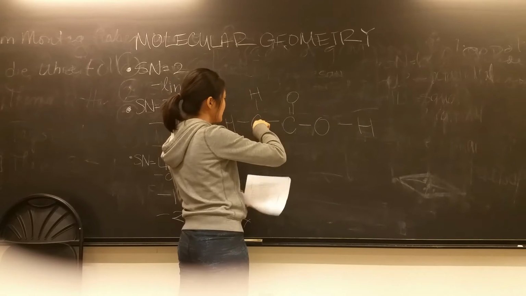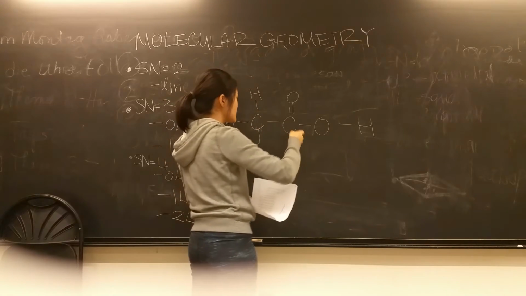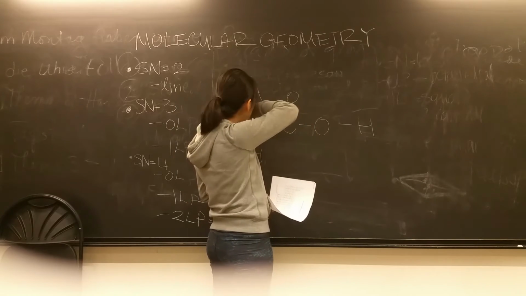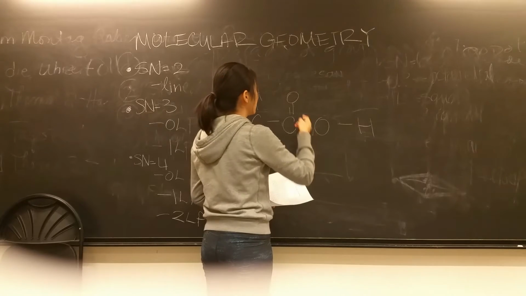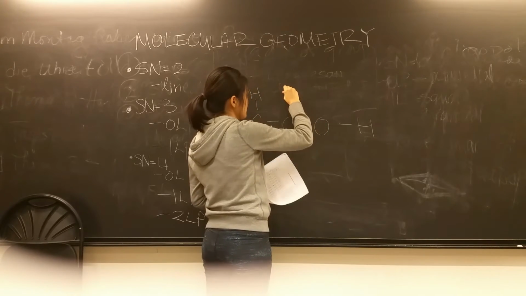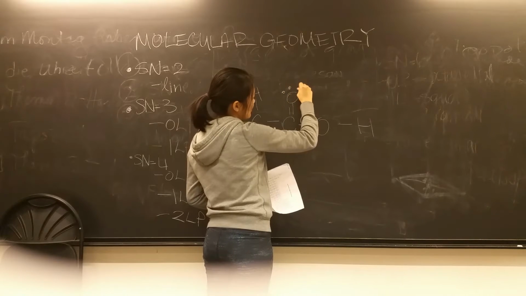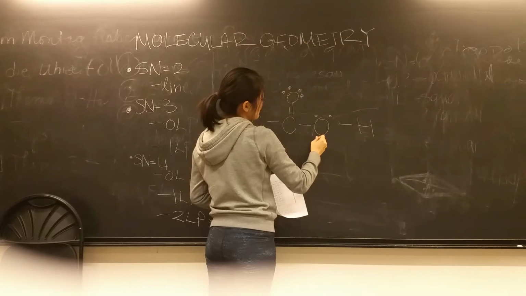And so this carbon has all 4 of the bonds that it wants. This has all 4 of the bonds that it wants. Hydrogens, 1 bond, are fine. The oxygens, I think, will require lone pairs. Oxygen wants to have 8 valence electrons, and so I'm just going to give it to them.